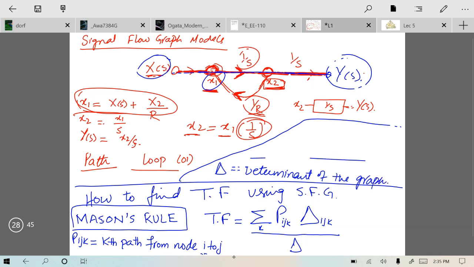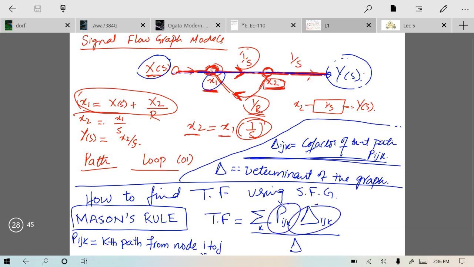And what is del_ijk? Del_ijk is the cofactor of that path P_ijk. So to sum it up, we would first find P_ijk, then find its cofactor and divide by del. We will get the transfer function of the system.